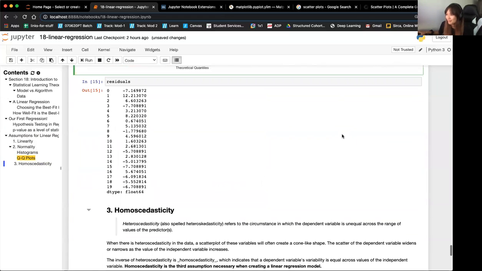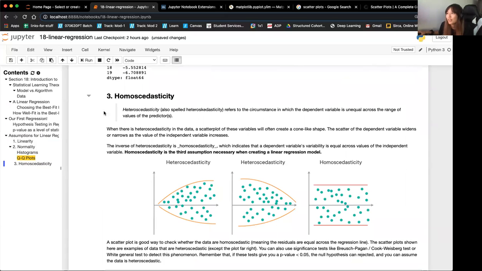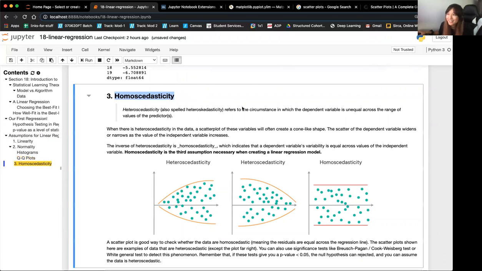Cool. The last thing we want to look for is homoscedasticity. Scedasticity means variance, so homoscedasticity means that we want an equal variance across your data. Is there a nickname for this? Nope. I practiced a lot to say this right.